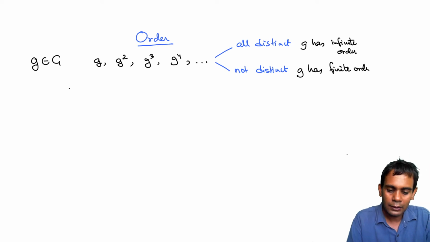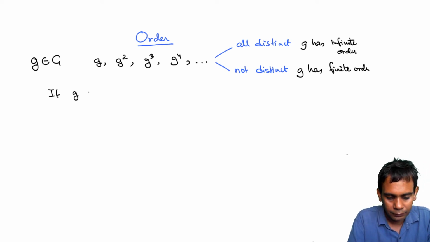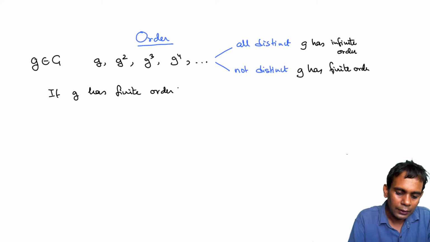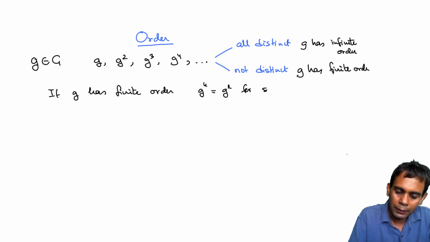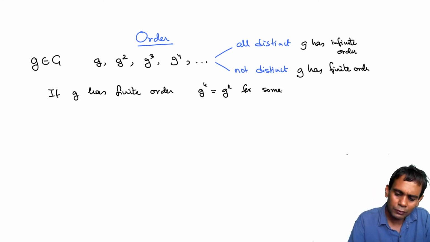So suppose g has finite order. Then what do we know? Then we know that g to the k is equal to g to the l for some k not equal to l. And without loss of generality, we can assume that k is strictly less than l.